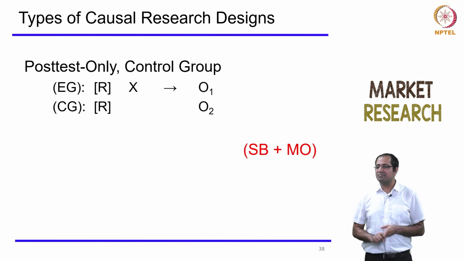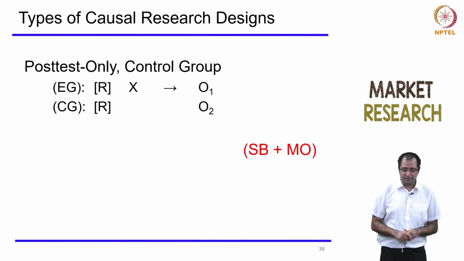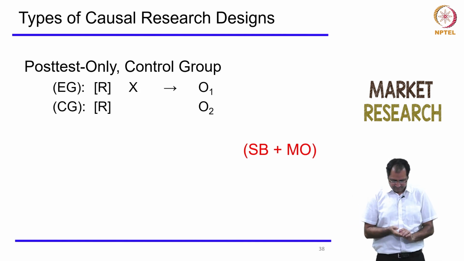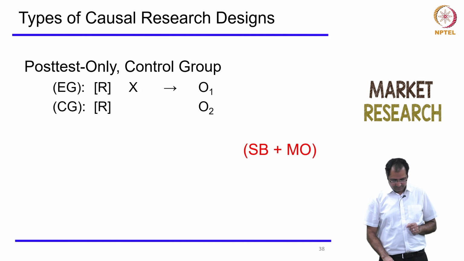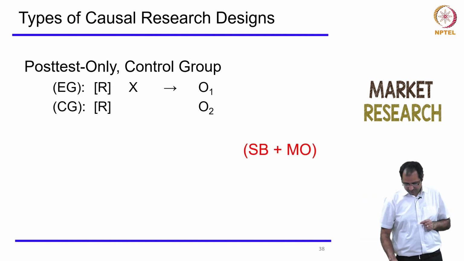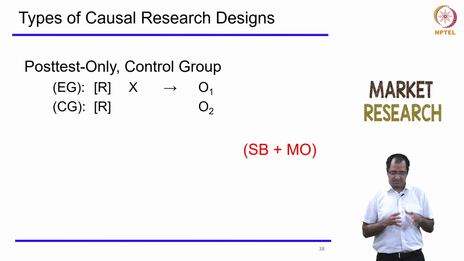So this is another true experimental design: the post-test only control group. It has selection bias and mortality. So what is happening in this experiment? Randomization is there, but we are measuring only after the experiment is done.